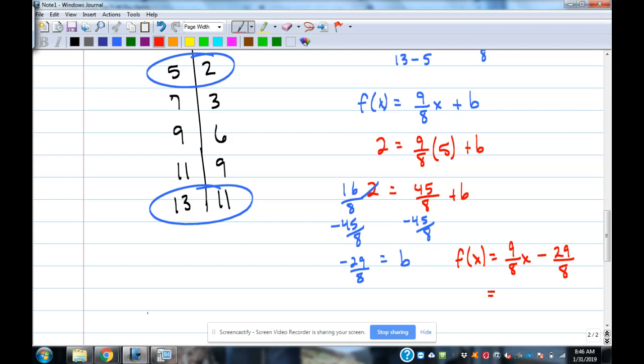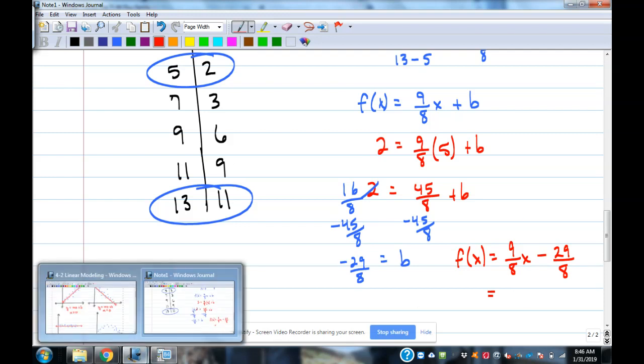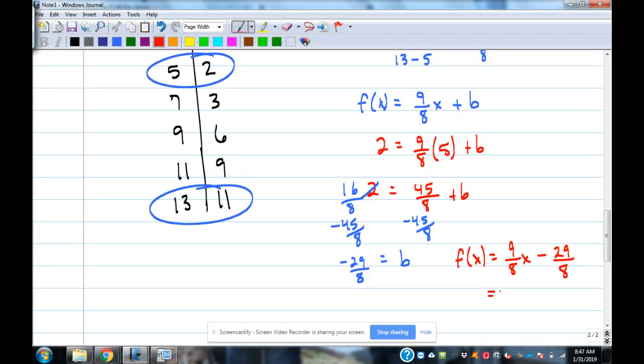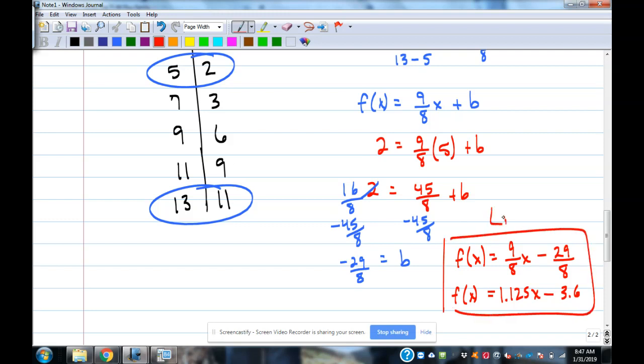If you wanted to write that as a decimal, 9 divided by 8 is 1.125 x minus 3.6. Okay, so there's our line of fit. Let's get the calculator to crank out a line of best fit.